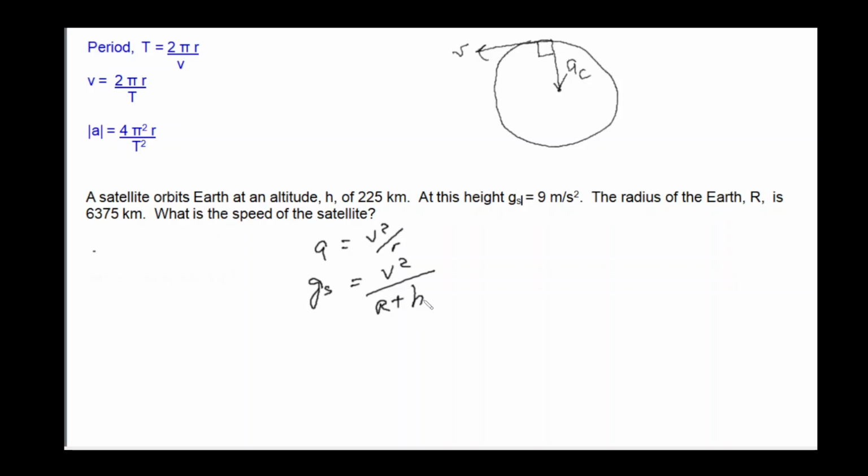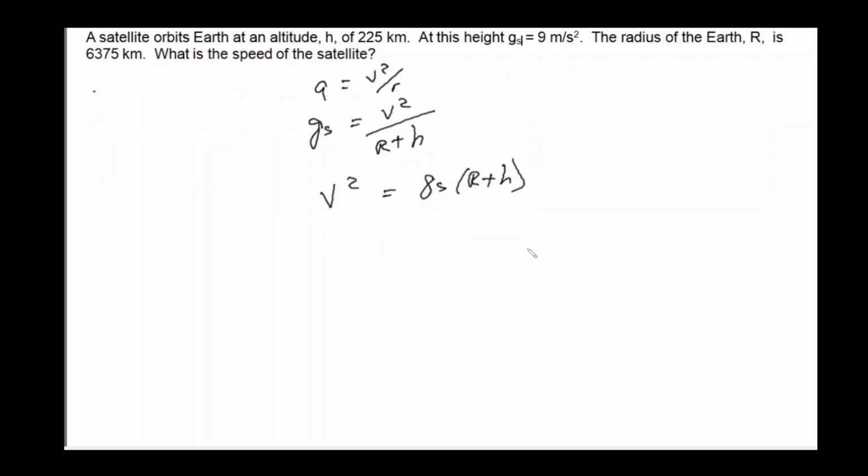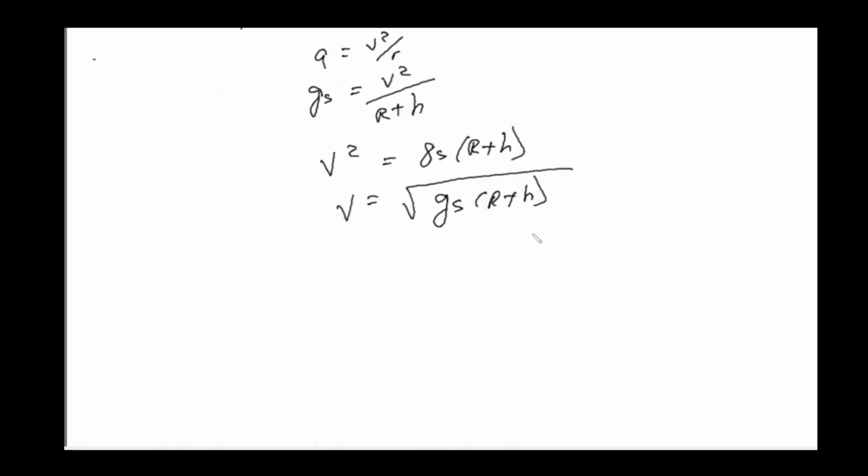If we then solve for v squared, we get v squared is equal to g sub s times the radius of the Earth plus the height that it's orbiting, or v is equal to the square root of g sub s times r plus h.